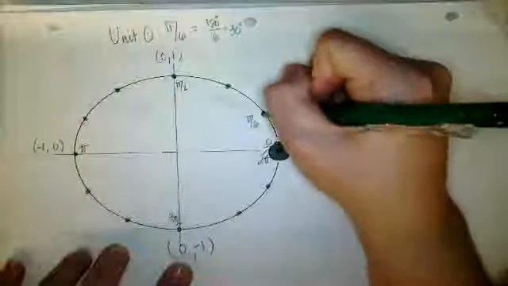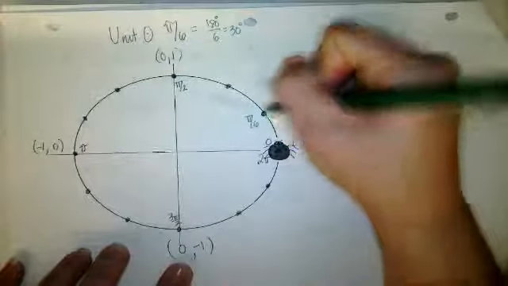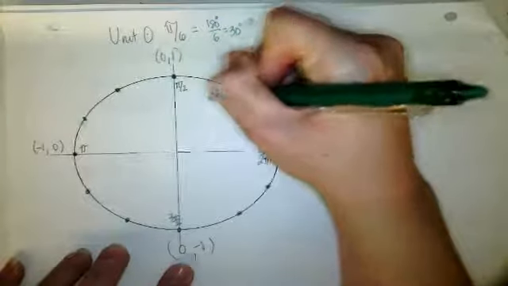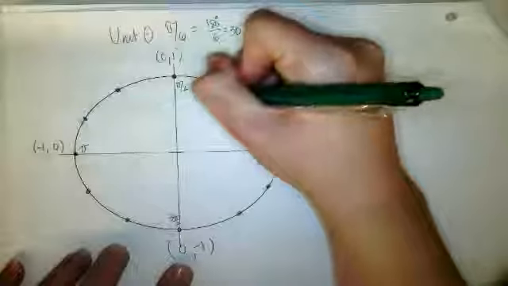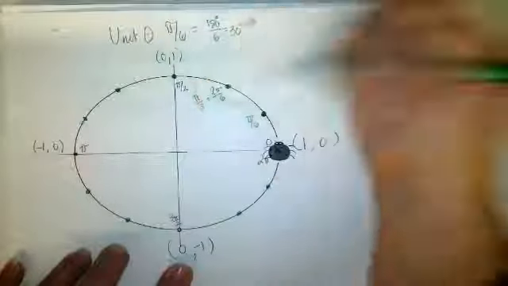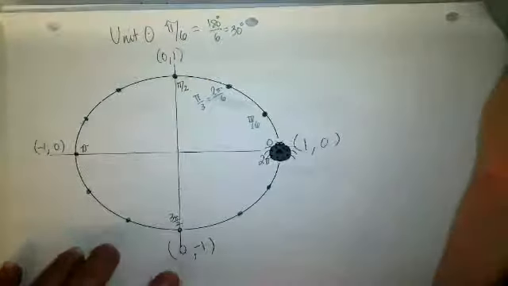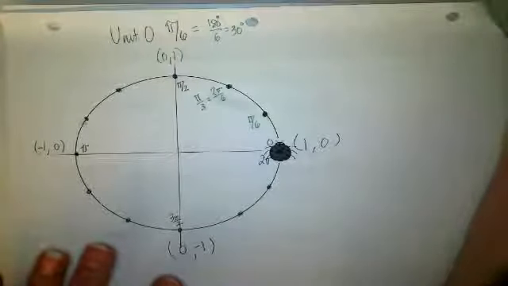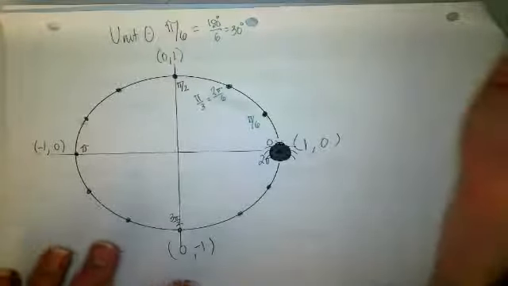This is pi over 6, or 30 degrees. 1 pi over 6. What's this? 2 pi over 6, which reduces to pi over 3. Oh, look at that, that's totally cool. Pi over 3 is how many degrees? 60. 180 over 3 is 60.